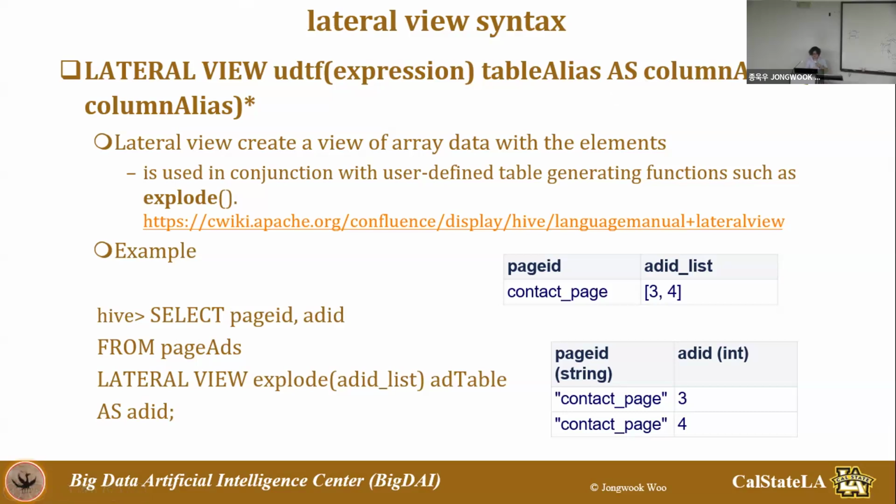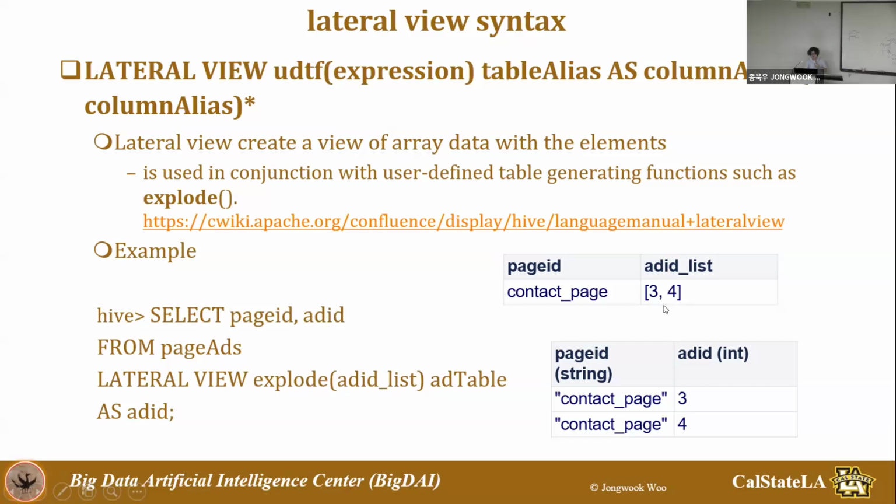So, for example, if your table has two columns, where the column names are page ID and ad ID list, and the value is contact page, and the contact page may have a list of IDs.